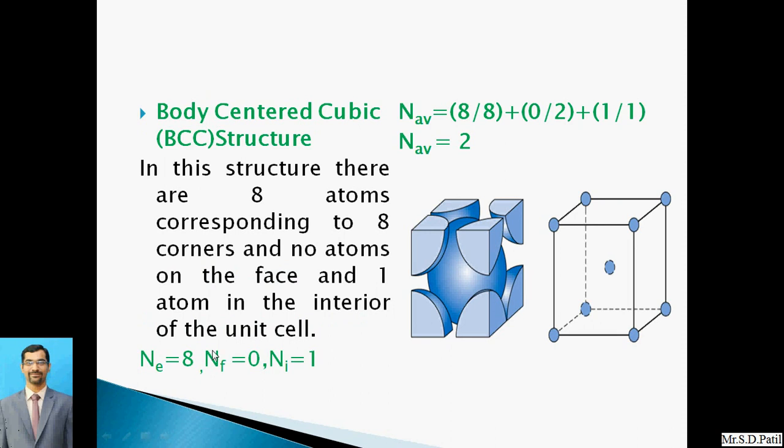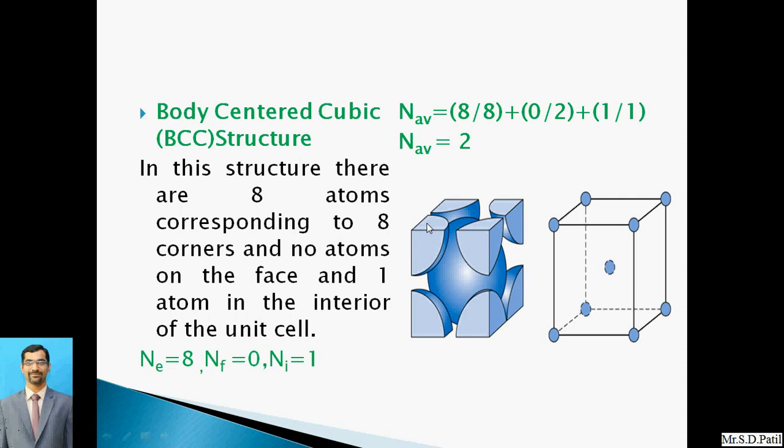Then the next structure is the body-centered cubic structure. In the last lecture, on the Bravais lattice, you have seen this body-centered cubic structure, which is also called BCC for short. Here you can see how the BCC structure looks.